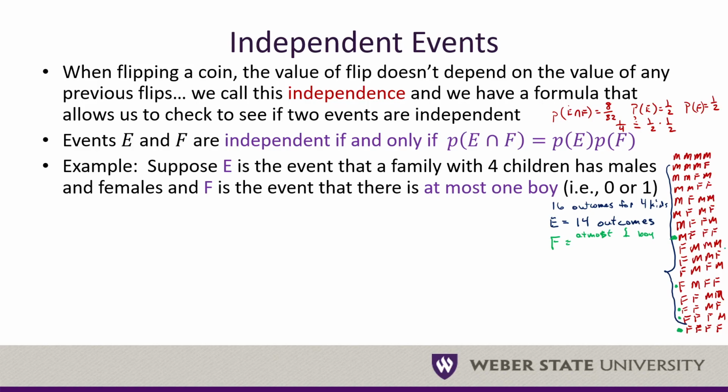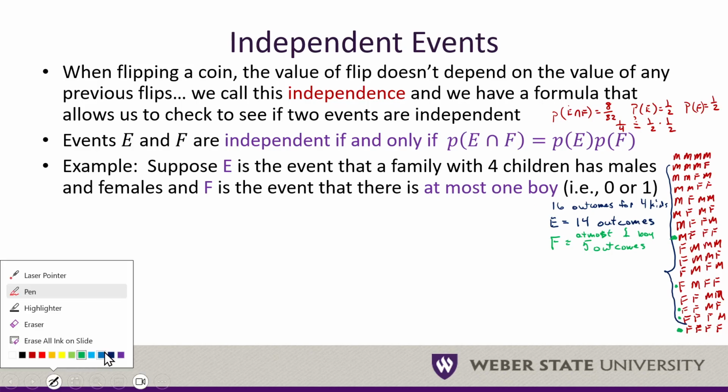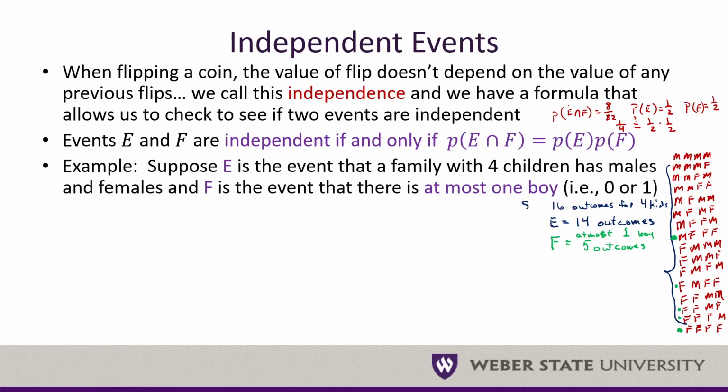That's the only one that I've got in the first half, I believe. So I've got 1, 2, 3, 4, 5. These 5 outcomes. So S has 16 outcomes, 4 children, 16 outcomes. E is 14 of them, F is 5 of them.